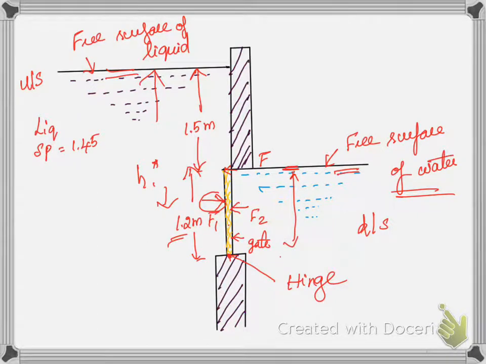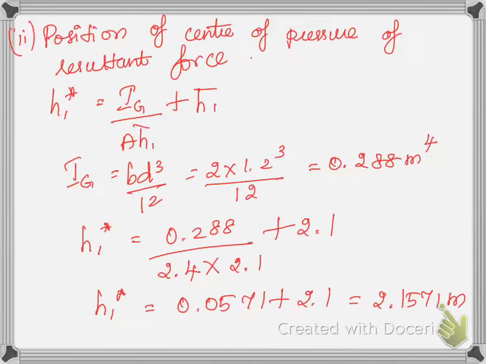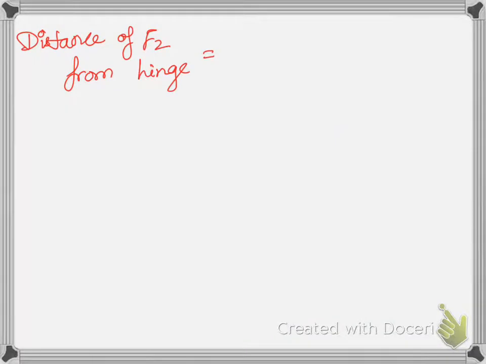So 1.2 minus H2 star, which is equal to 1.2 minus 0.8, which is 0.4 meter. So I have calculated what is the force and what is the center of pressure, as well as at which distance these forces will be acting from the hinge.